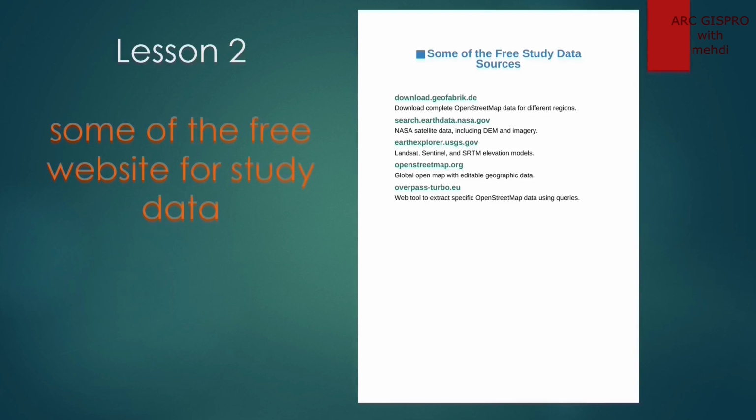In this kind of project, you don't need that much accuracy, and data with low accuracy is enough for us. But how can we receive this kind of data? It's so easy. There are so many free websites that provide this kind of data for us, and in this part, I'm gonna introduce some of these free websites.